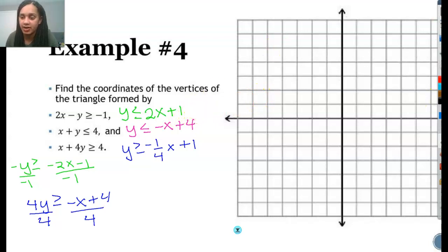So first, let's go ahead and graph them. 2x plus 1, so I'm going to 1. And my slope is 2, so up 2 and right 1. Down 2 and left 1. I would want to decide if this is solid or dashed, and it's going to be solid.